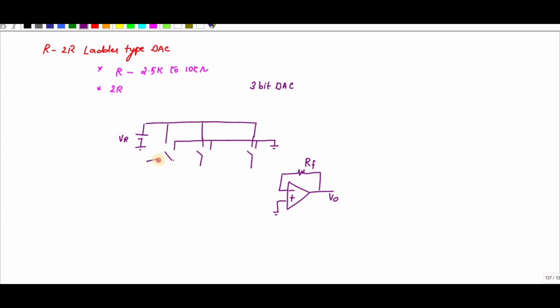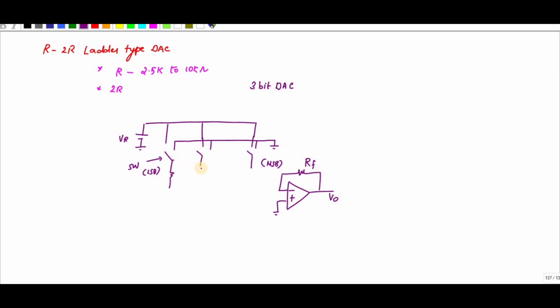The switch is connected either to this point, or this point, or this point. Here this is the MSB and this is the LSB. This is the inverted version of the R-2R ladder, so this one is the LSB and this one is the MSB.